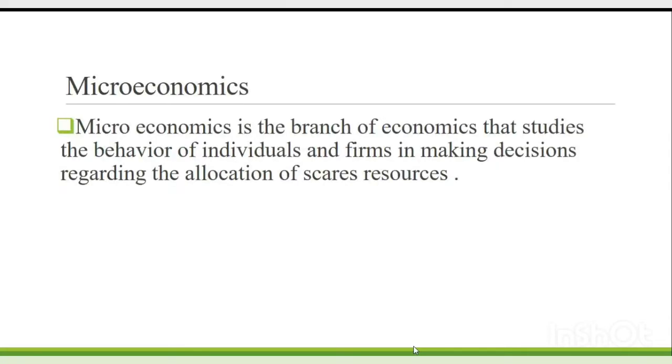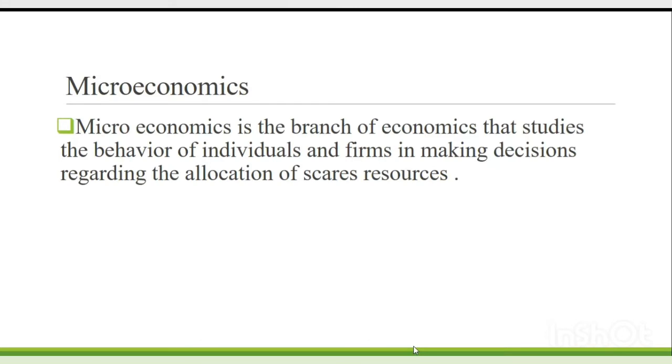Microeconomics is the study of the choices made by consumers and firms, and how these decisions affect the market for a particular product or commodity. Microeconomics also focuses on the analysis of individual economic units.